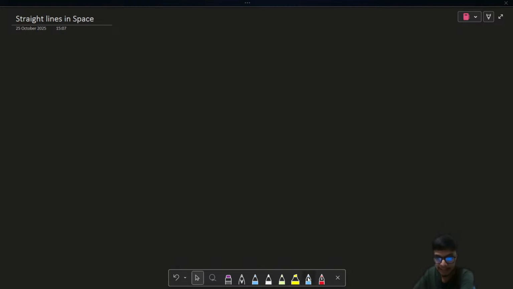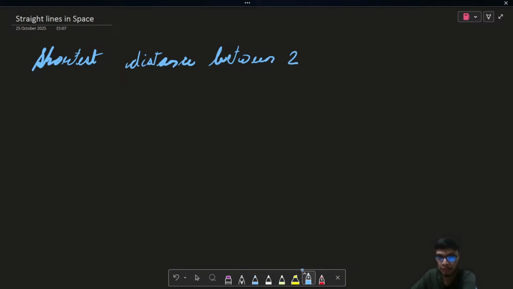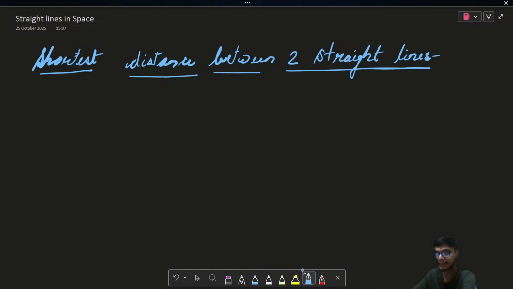So let me start by writing down the topic: shortest distance between two lines. Okay. So today we'll be discussing the skew lines. Okay. So how do we find this particular distance between two skew lines? Let's try to analyze and see.